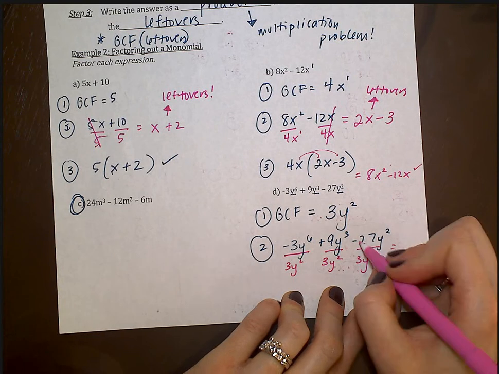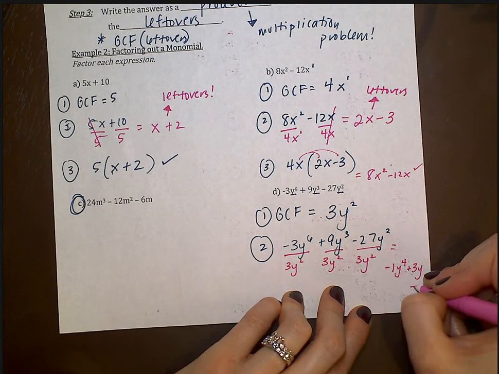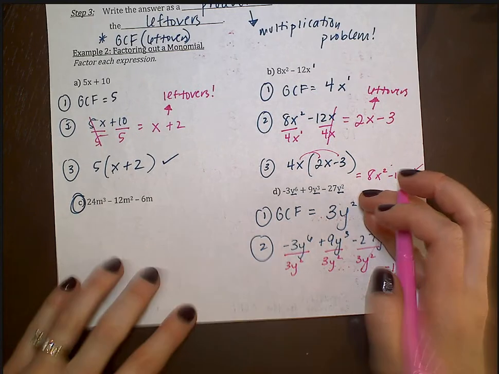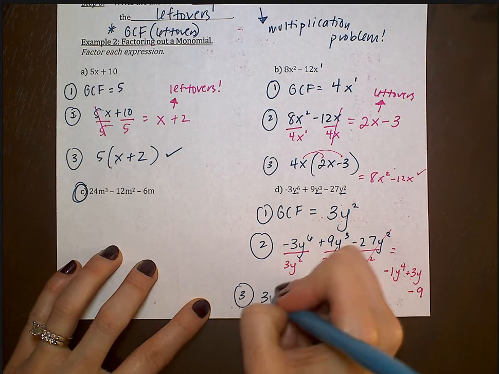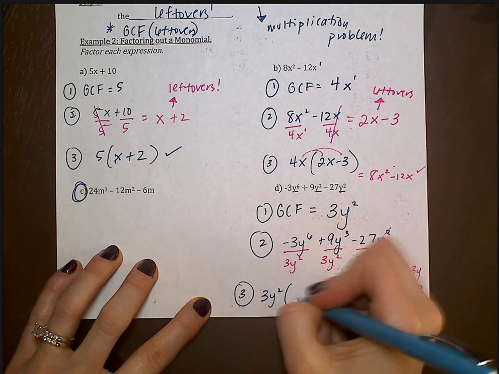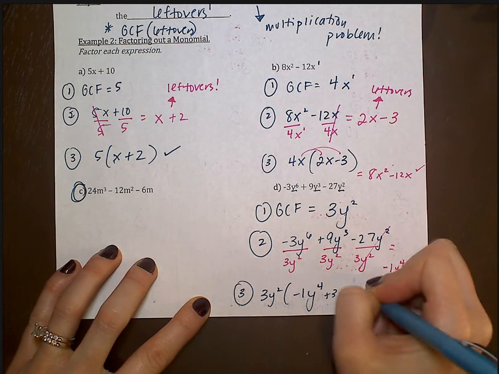And then negative 27 divided by 3 is negative 9, and the y's would cancel. So that's my leftovers. Now I write my answer as a distributing problem. So get your GCF on the outside, get your leftovers on the inside, and remember that you can distribute it back through to check, but I know I'm good.